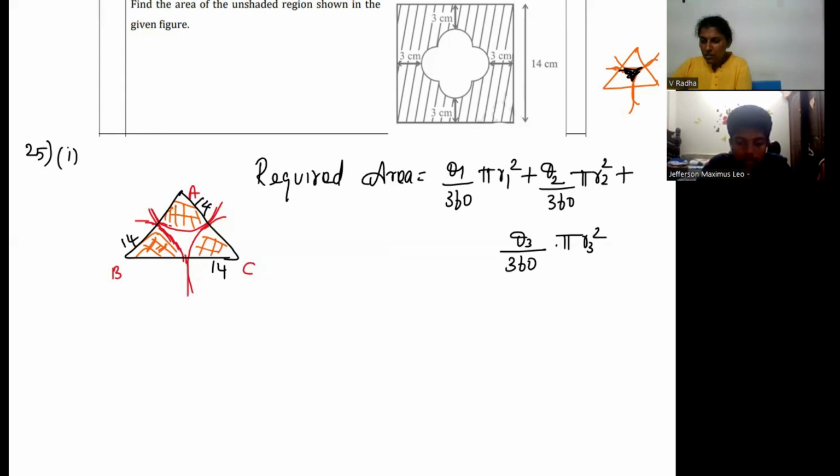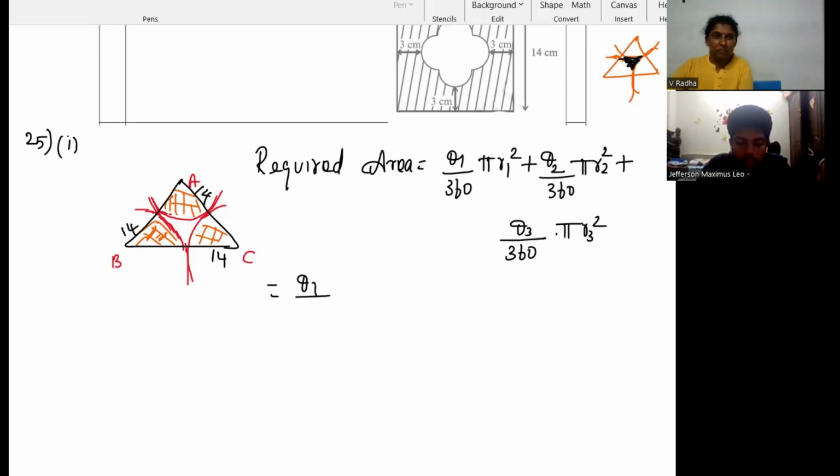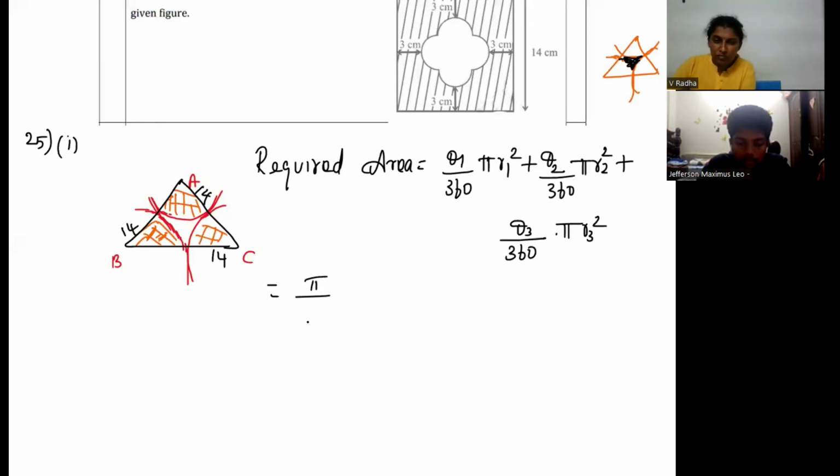Take the common terms outside: pi by 360.